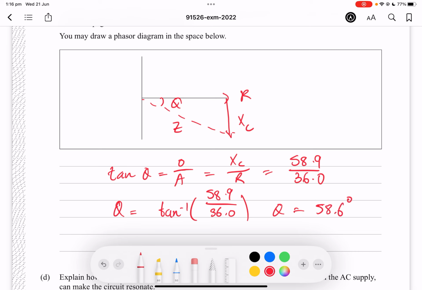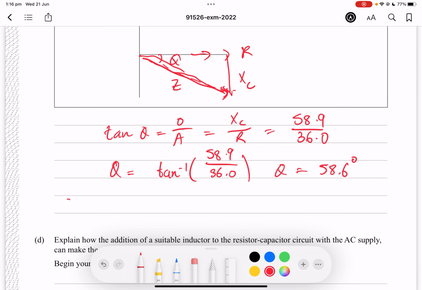And we know that the current is in phase with the resistor voltage. So therefore, the supply voltage, which is in phase with our Z here, is actually lagging the current by 58.6 degrees.